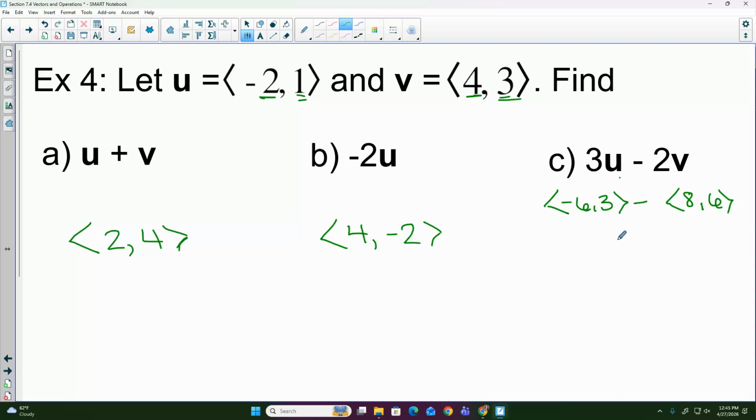So then to subtract these things, we just subtract like pieces. So -6 minus 8, and 3 minus 6. Any questions about that one?